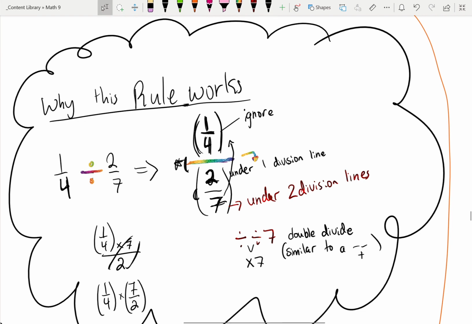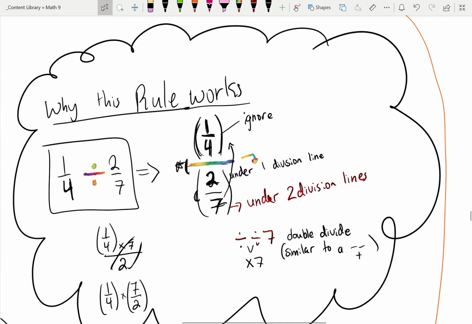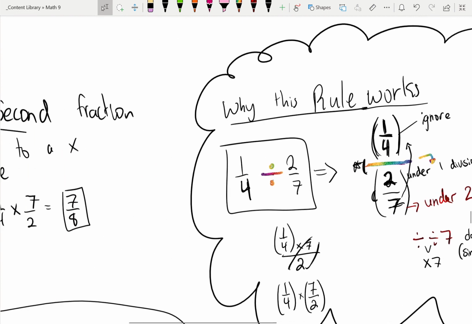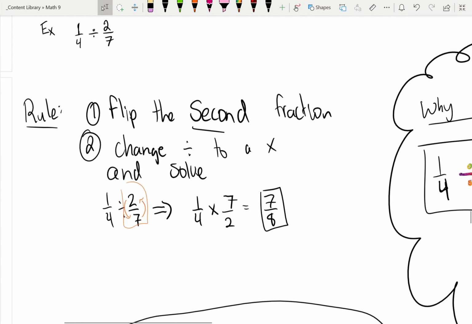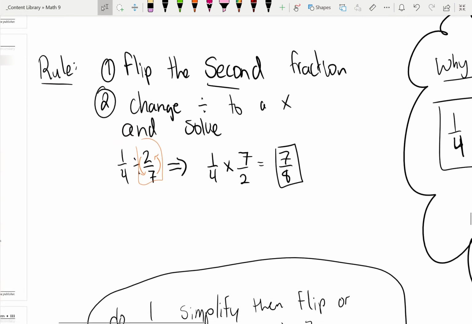We don't have a triple division in this case. Even though it kind of looks like it, we're ignoring that because of how it looks over here. So just keep that in mind. And what that line's applying to, it just applies to the 4. But again, if you're wondering why we do this rule and why it works, this is why.